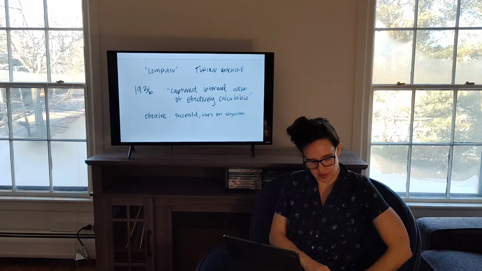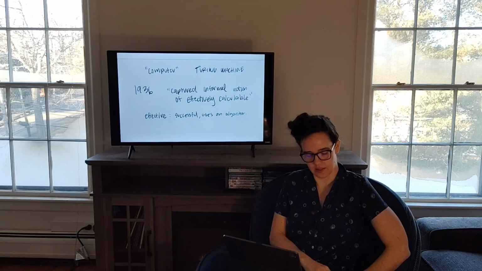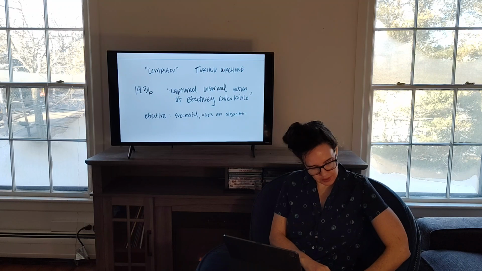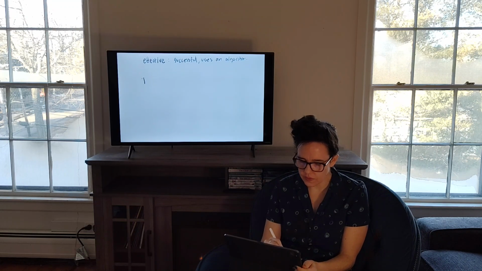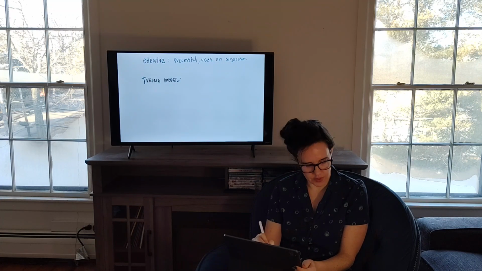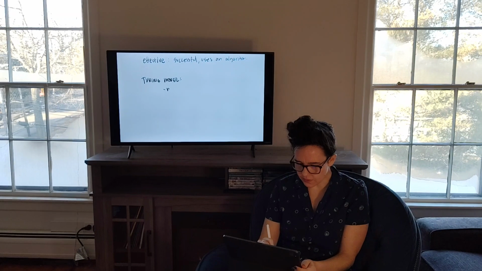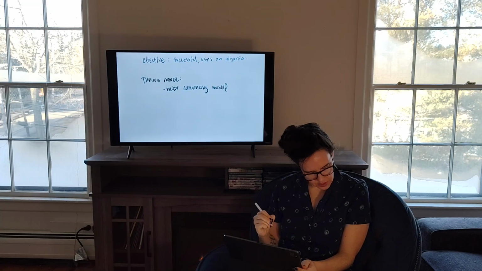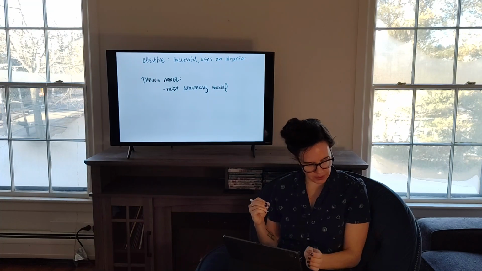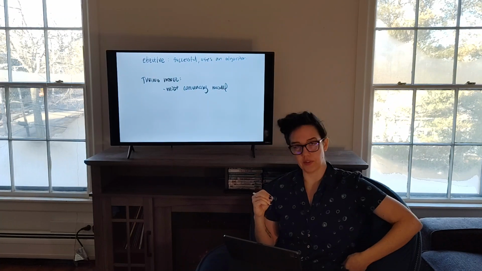Ever since 1936, Turing's model in analysis has been accepted as the model for computability. So the Turing model is the most convincing model. The results of this book are based on Turing's model of computability.